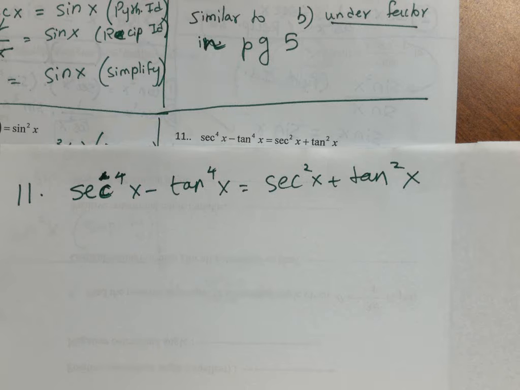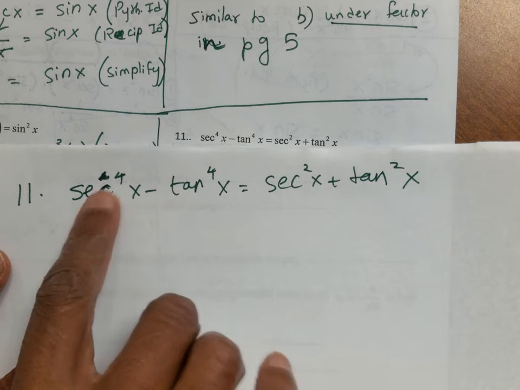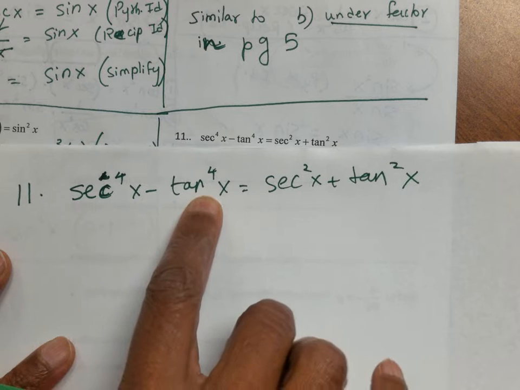I hope we are all able to recognize that this is a difference of squares, because this is a perfect square, and this is a perfect square.